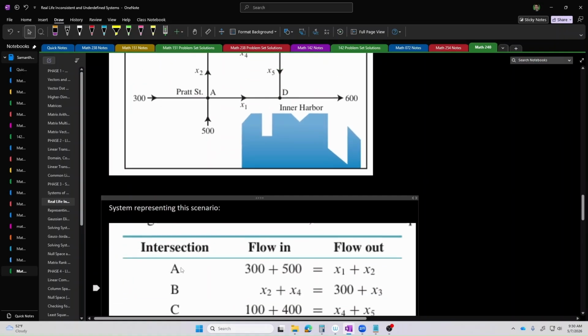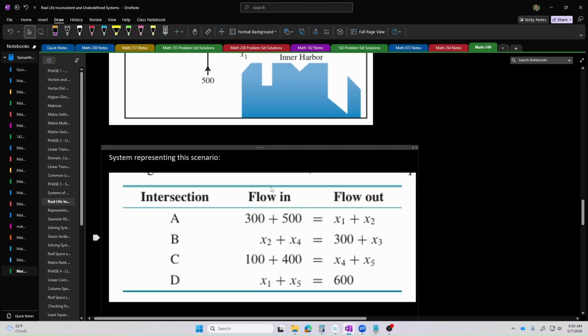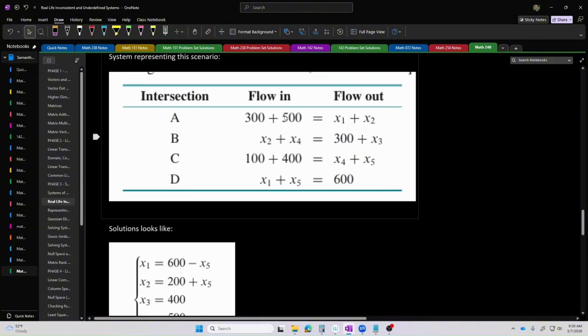So for example, at intersection A, we have 300 plus 500 traffic units coming into the junction. And we have x1 plus x2 units of traffic going out of the junction. So the flow in and the flow out must be equal, which gives us the equation 300 plus 500 equals x1 plus x2.